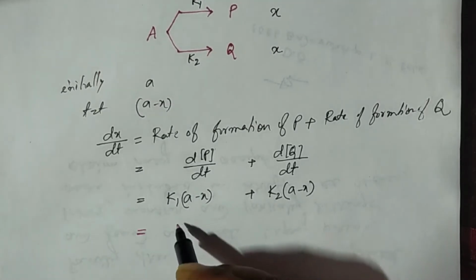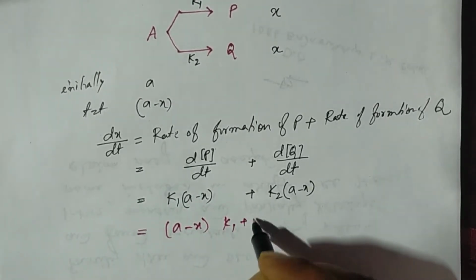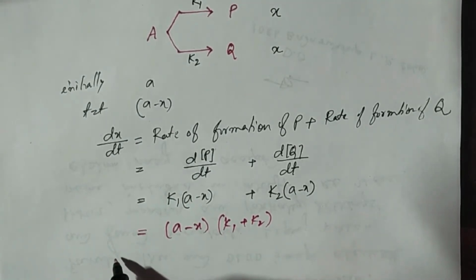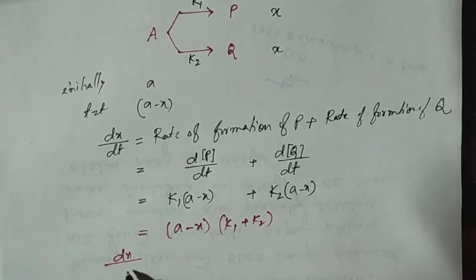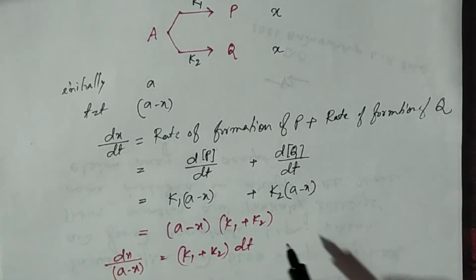We can write (a minus x)(K1 plus K2). Next I will write dx by (a minus x) equals (K1 plus K2) dt.